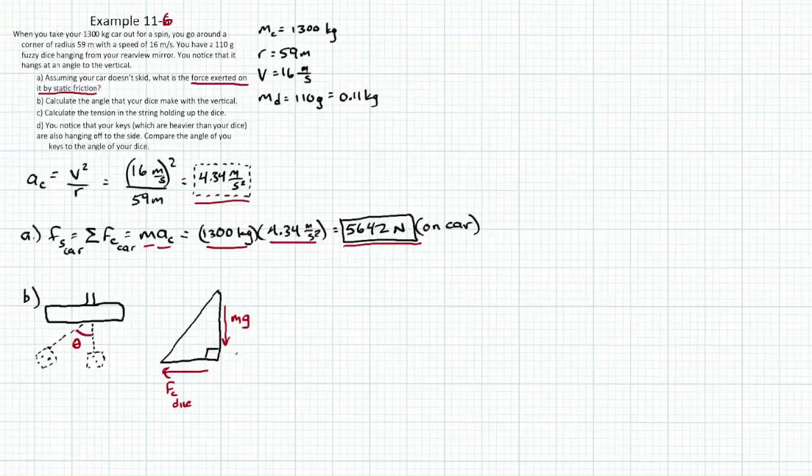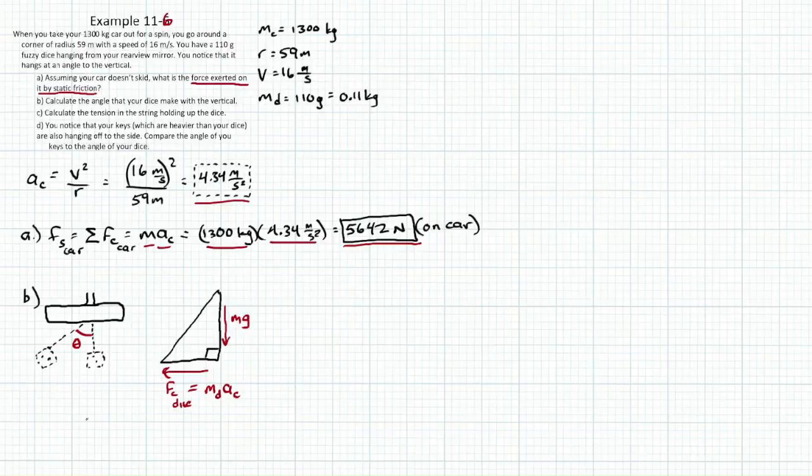We can do the same thing by taking the mass of the dice, md, times the centripetal acceleration. Okay? That'll give us the net centripetal force acting on the dice right there, which will enable us to complete a vector diagram. So let's go ahead and calculate those out, actually.